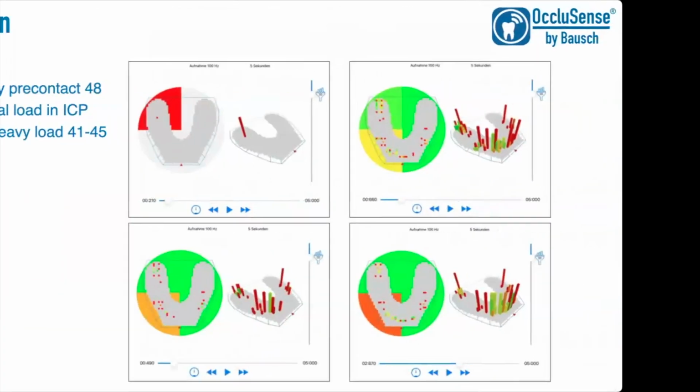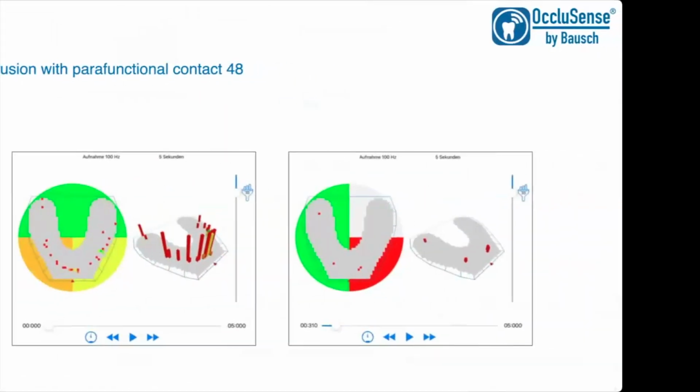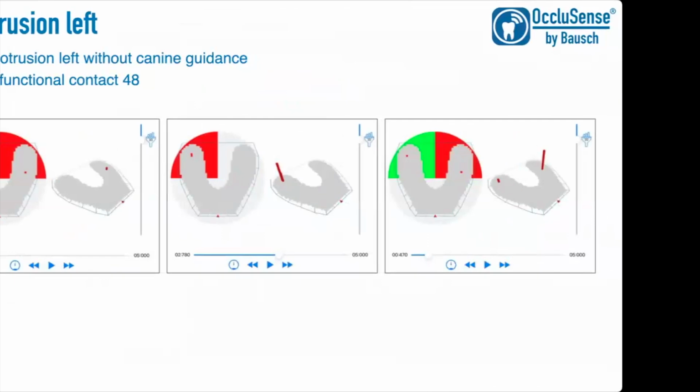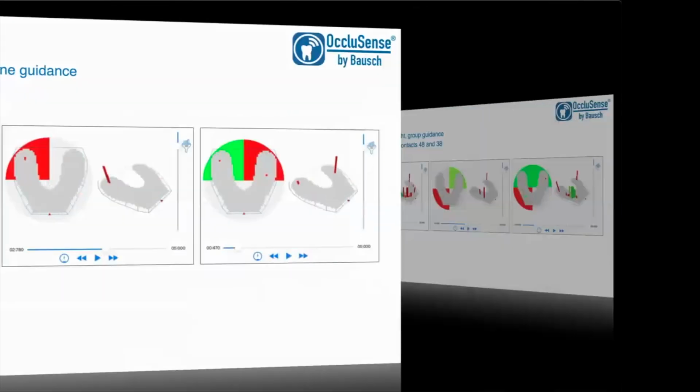Looking at her occlusion with OccluSense showed that we have a primary pre-contact on 48, an unequal load in intercuspal position, as well as final heavy loading from 41 to 45. Her protrusion showed parafunctionality on 48 again, and medial protrusion to the left, no canine guidance, but parafunctionality on 48.